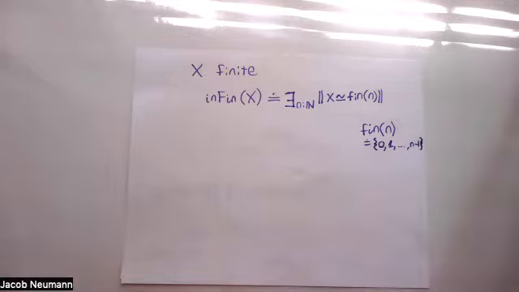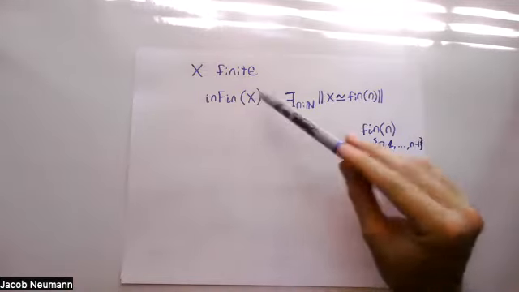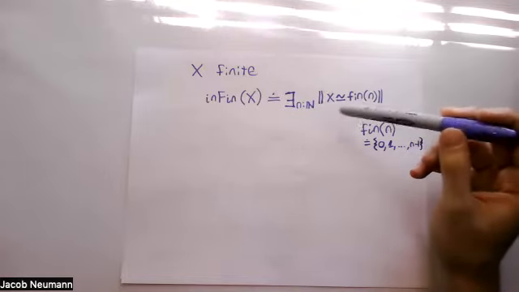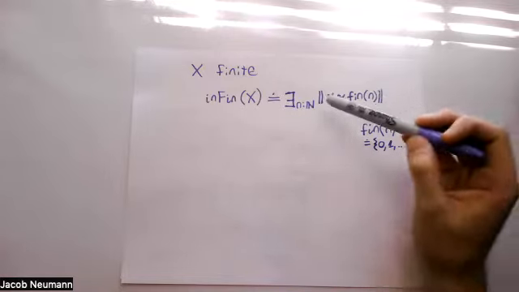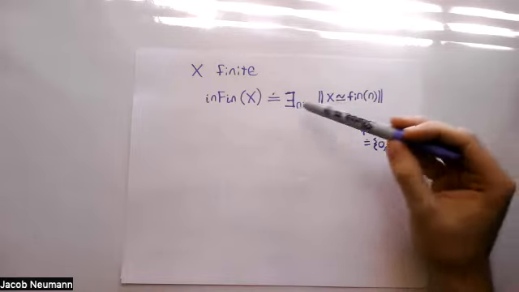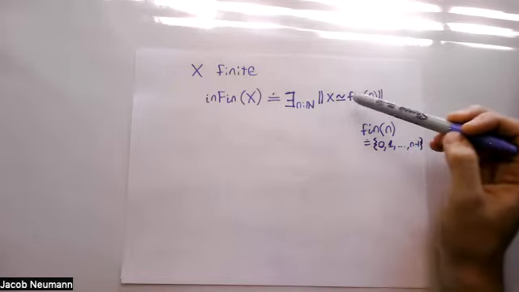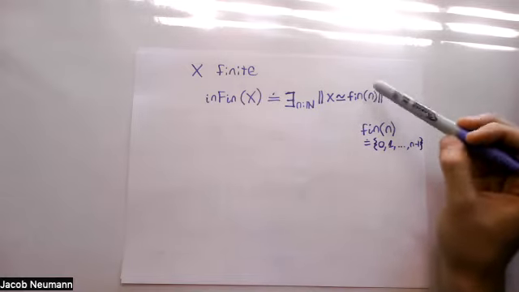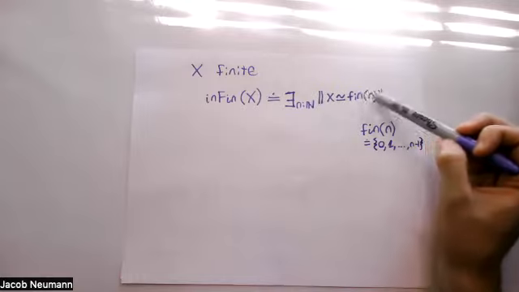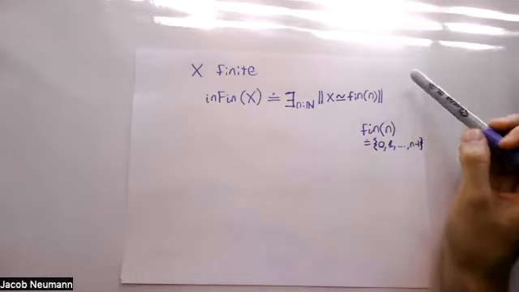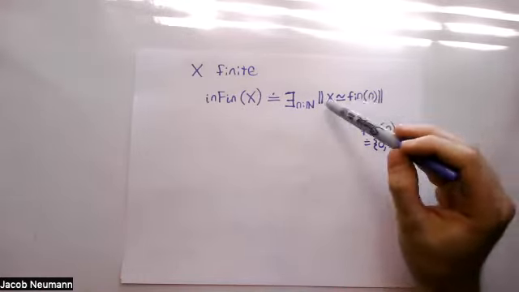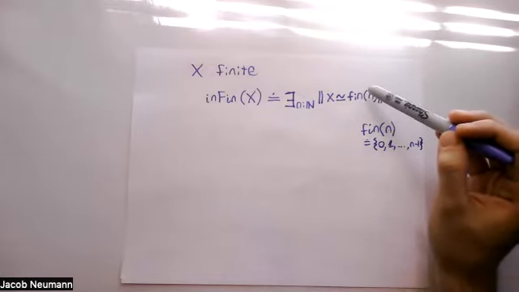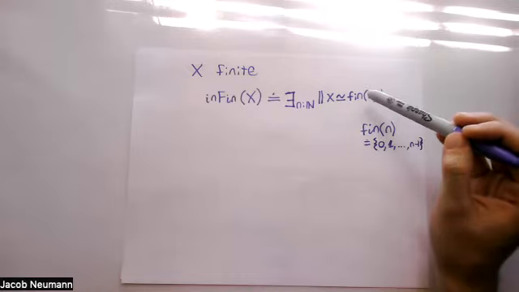Okay, so a set is finite if there merely exists a natural number n such that X is equivalent to the finite set Fin n. We truncate this equivalence because we don't want to encode the information about it.